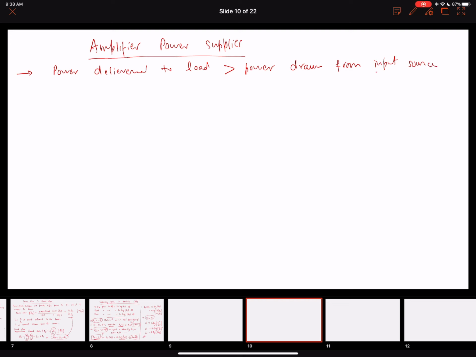We have an input source connected to an amplifier, which amplifies the signal and delivers it to the load. So the question comes: where does the extra power come from?